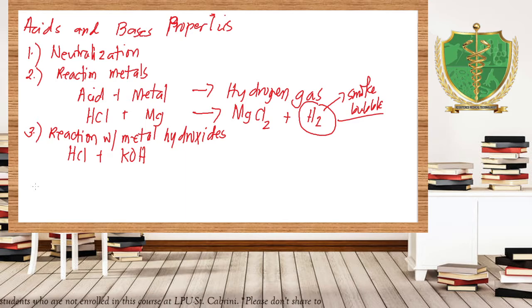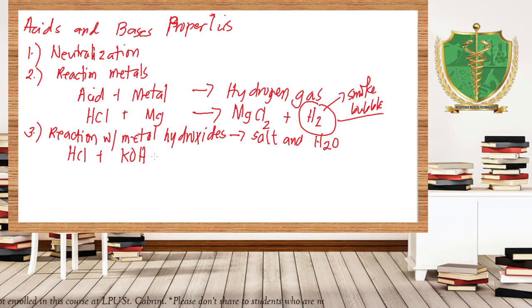The product of the reaction with a metal hydroxide will always be salt and water. The product of the reaction of acid and base involving metal hydroxide is salt and water.